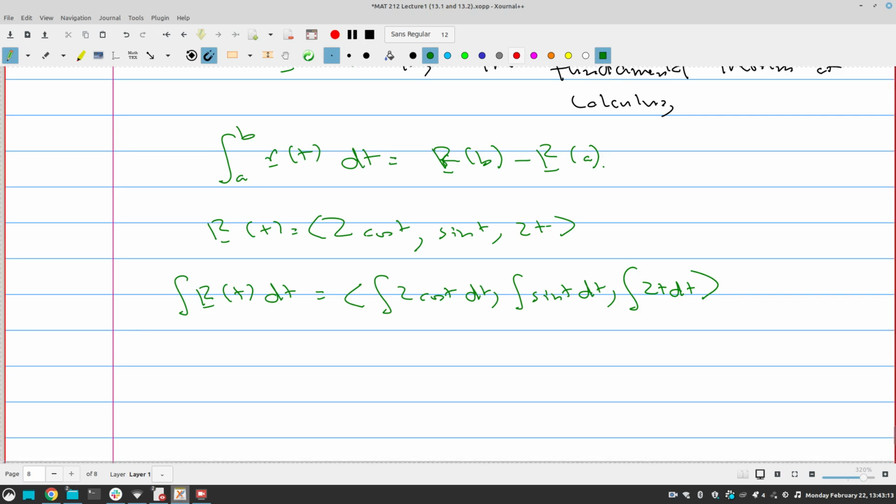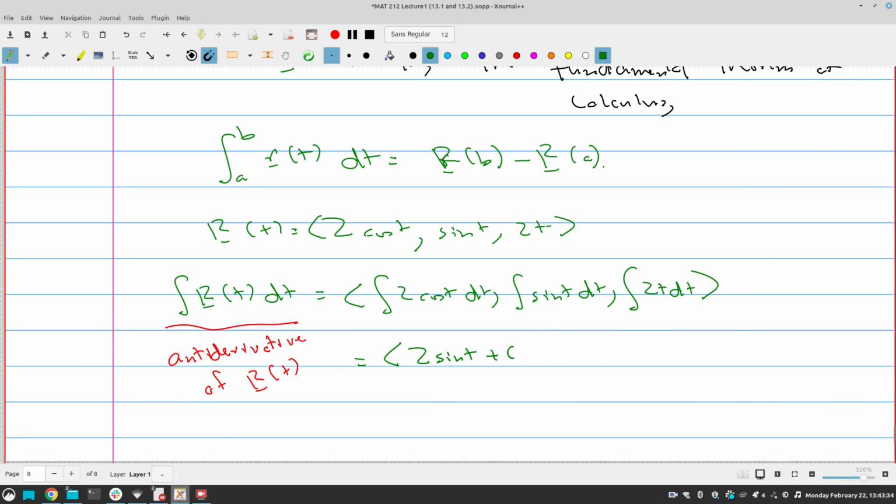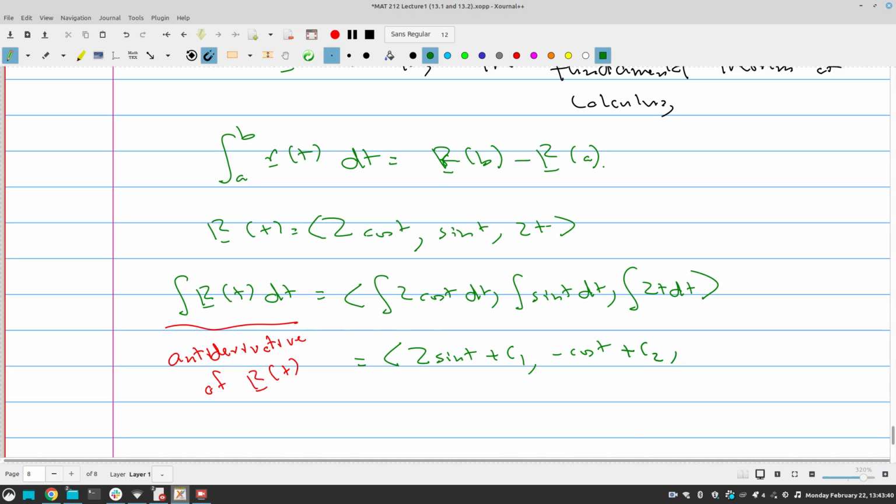We want to find the antiderivative of r of t. The first integration gives 2 sine t plus c1, the second gives negative cosine t plus c2, and the third gives t squared plus c3.